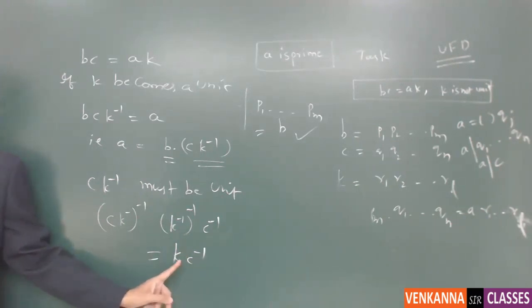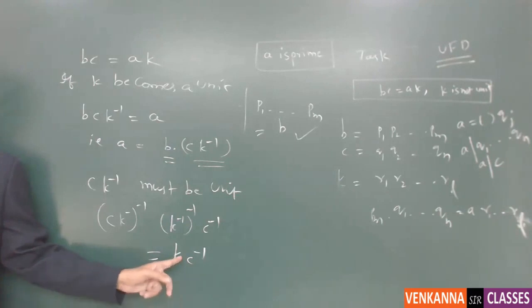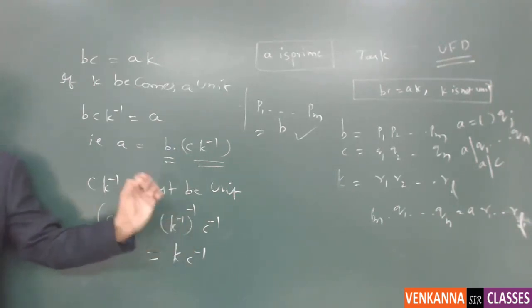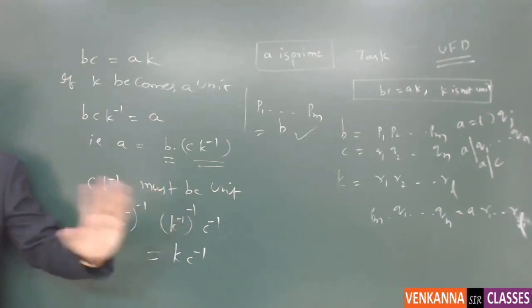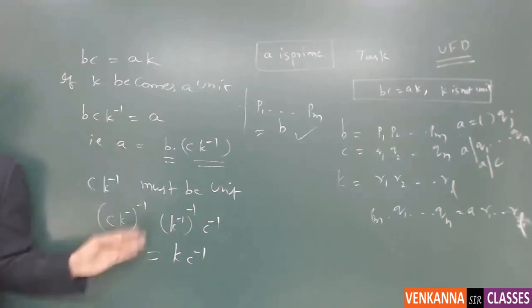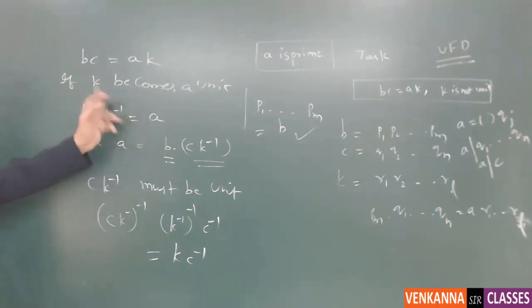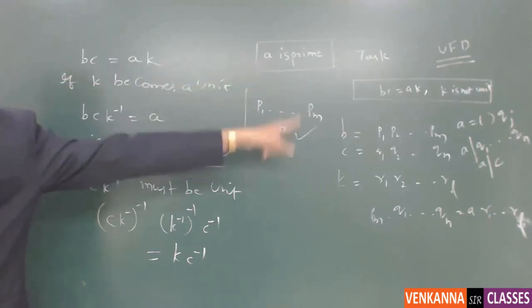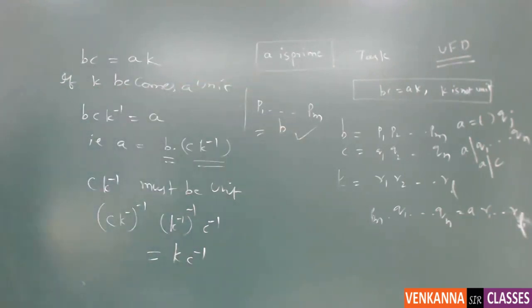Inverse of C existed. It means that C is a unit. Again, it is wrong because you started that both B and C are not units. So whatever the case you take, you are getting a contradiction. So K should not be a unit. Sorry, yes, K should not be a unit. This thing will happen. That's it.